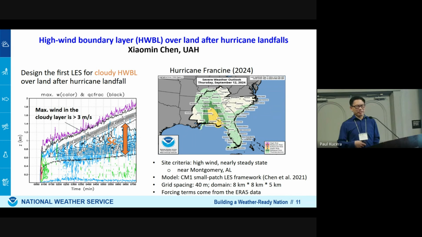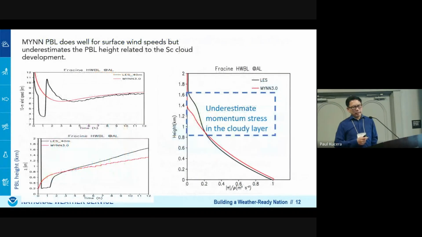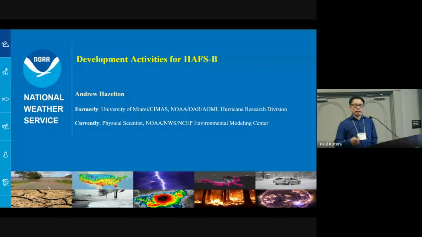I'm doing this not just for the developers. So what you should hear from Xiaomin is that you can use this framework and can really capture some of the deficiencies of the current PBL scheme, like the MYNN EDMF PBL scheme. It underestimates the momentum stress in the cloud layer. Hope I still leave a few minutes for Xiaomin.